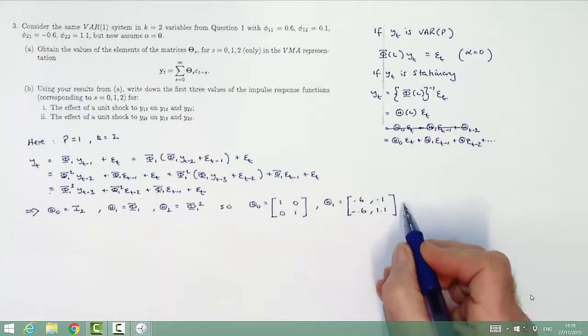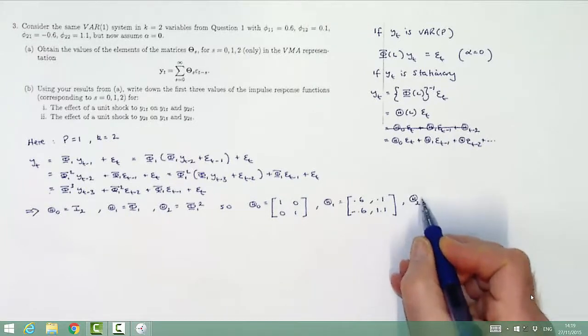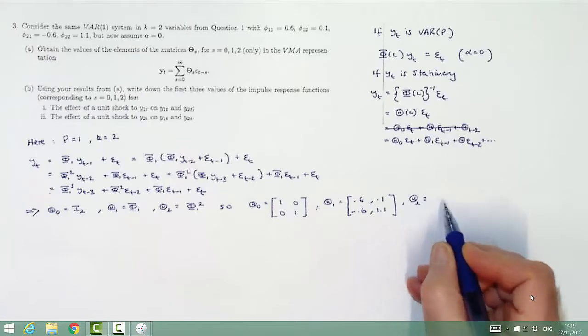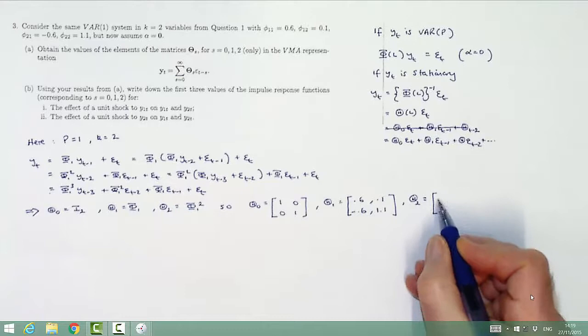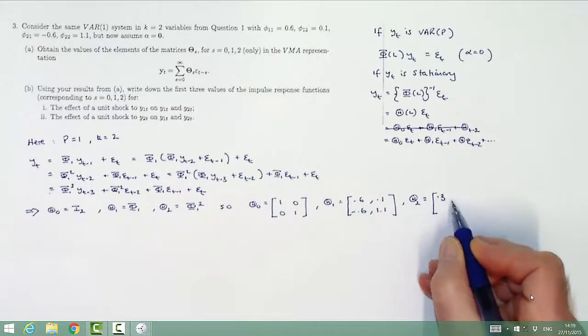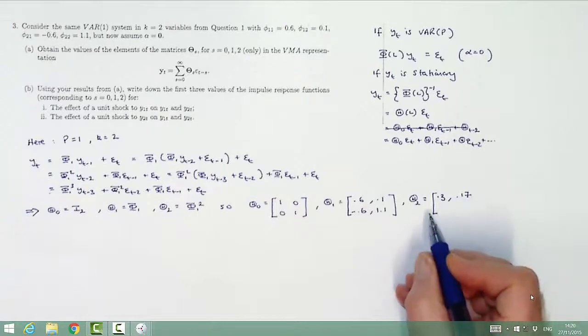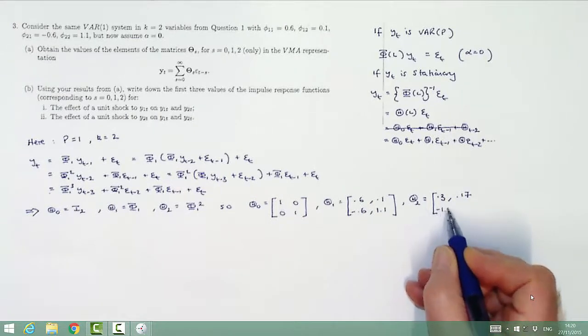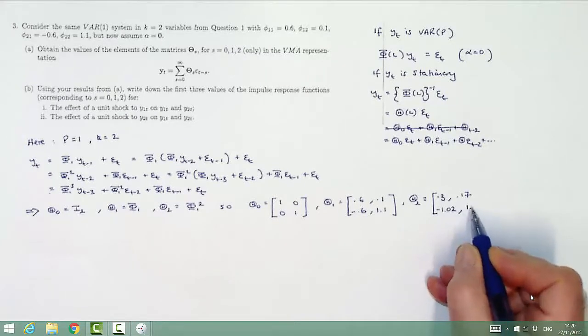And then for Θ_2, this will just be Φ_1 squared, in other words Φ_1 times Φ_1, and if you multiply that out, you'll find the answer becomes 0.3, 0.17, minus 1.02 and 1.15.